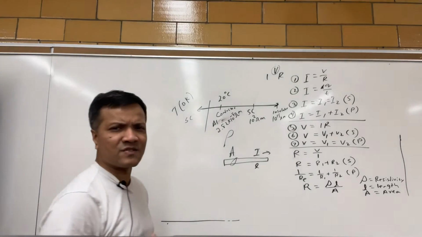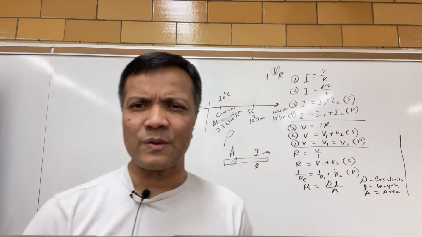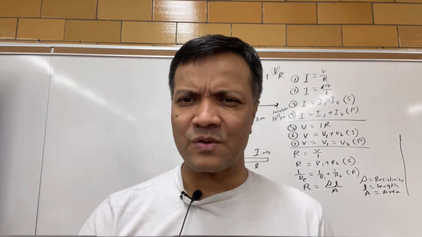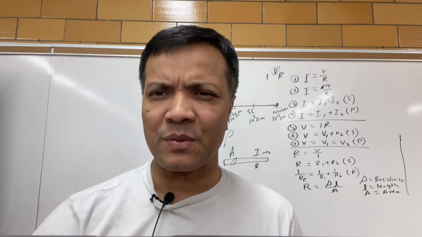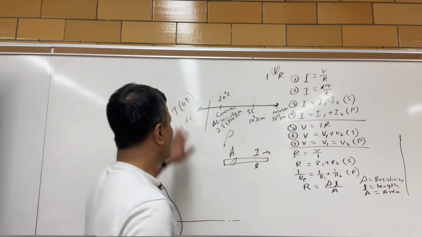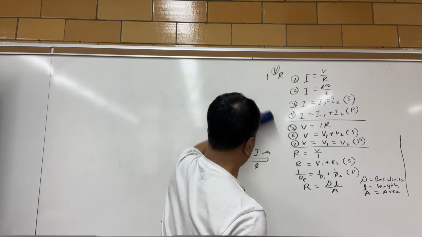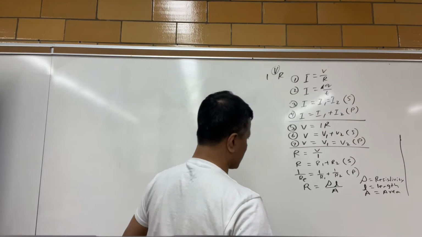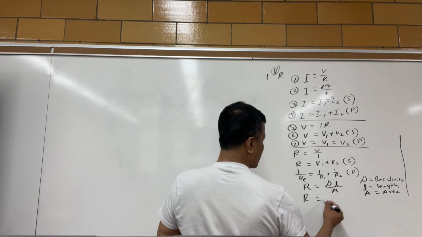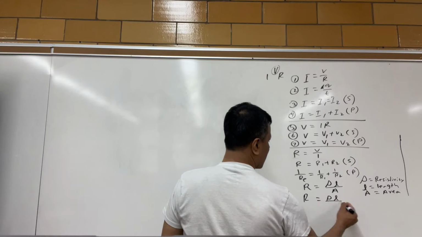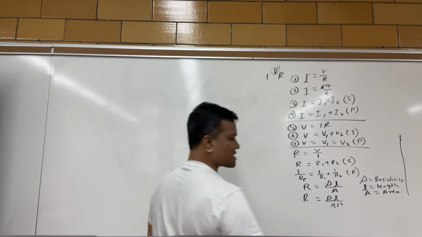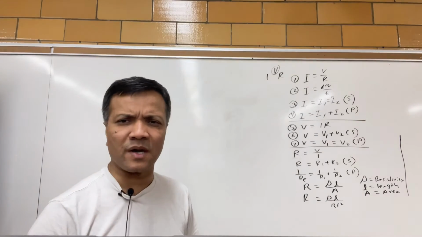As you see, insulators like glass or wood, when someone is electrocuted, you use the insulator to save the person, to help the person. Okay, so this is the resistance. So resistance can also be rho L over pi r squared, because the cross-sectional area is a circle and a circle is pi r squared.